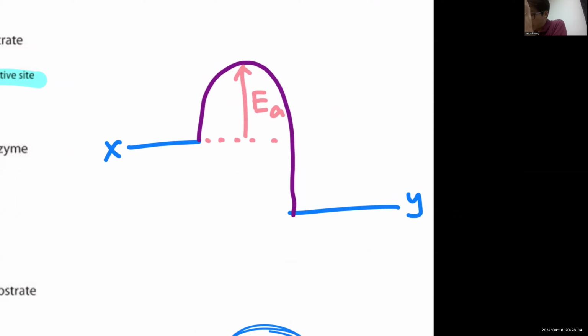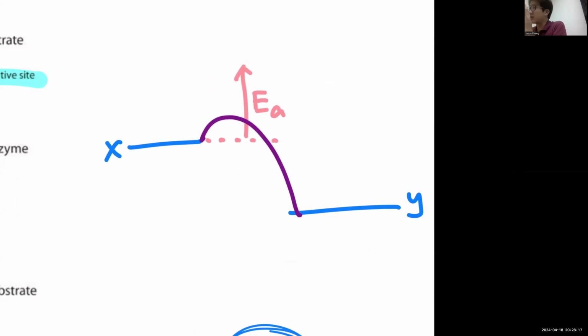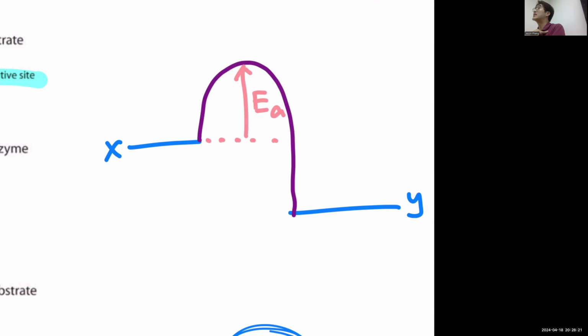It's different from erasing this and then drawing a low one. That's not what happens. The original remains. If this is a hill that you have to climb, the enzyme is very smart. It creates another tunnel for you to climb, and this tunnel is lower. That's it. Are you confused?